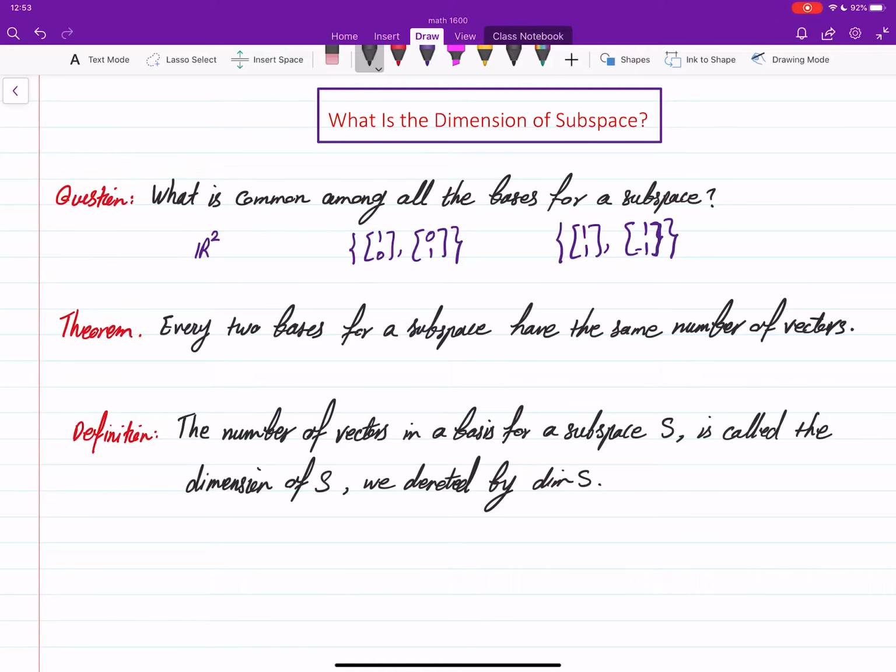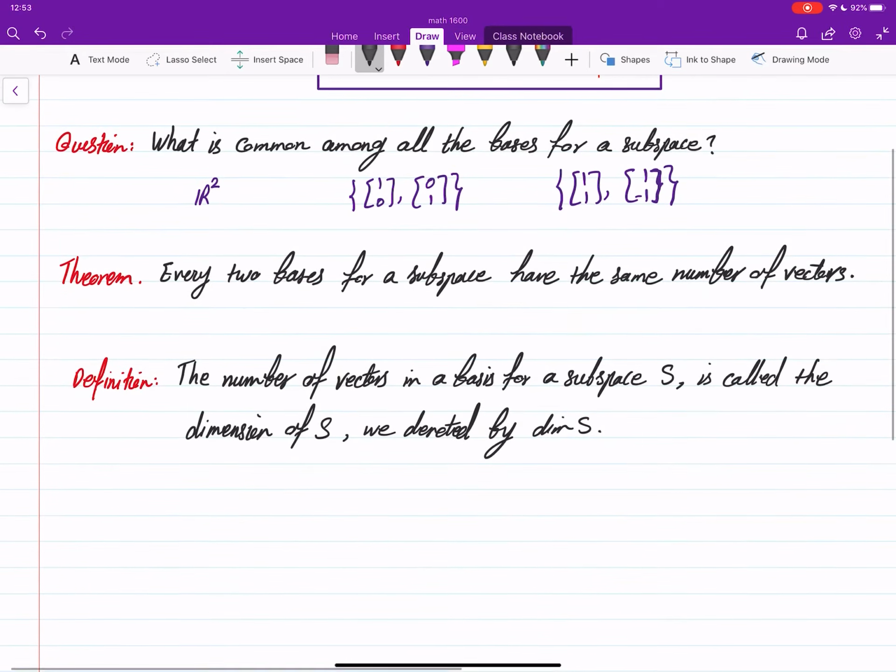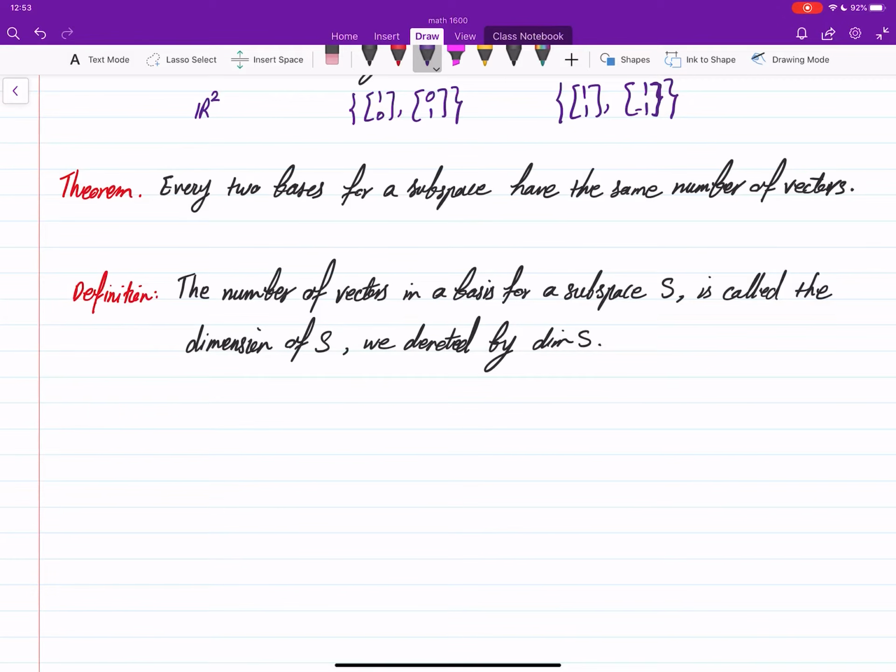So dimension for a subspace is a well-defined notion. Well, let's see some examples.